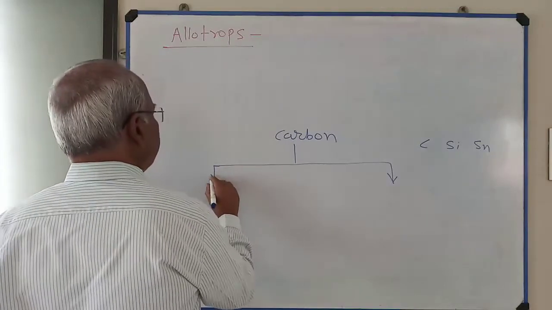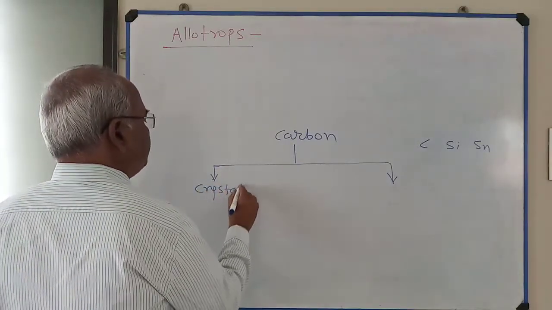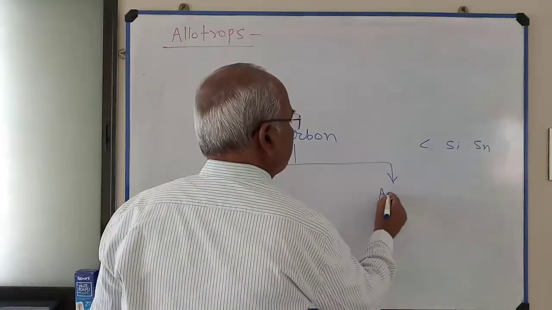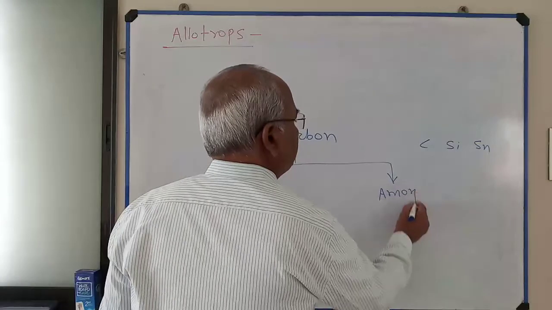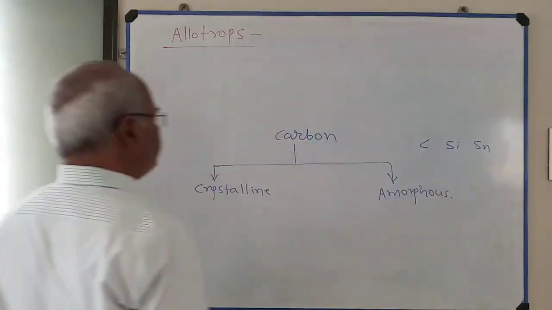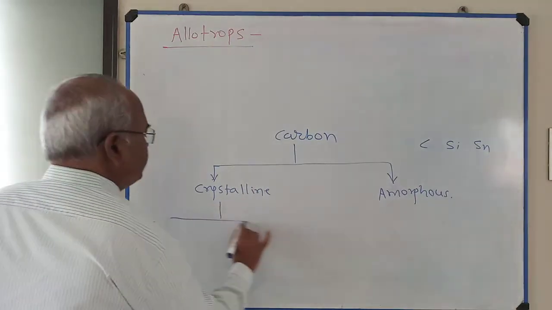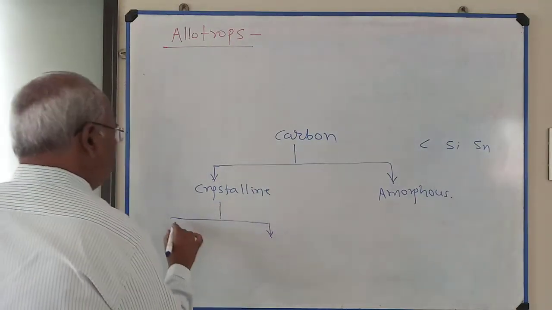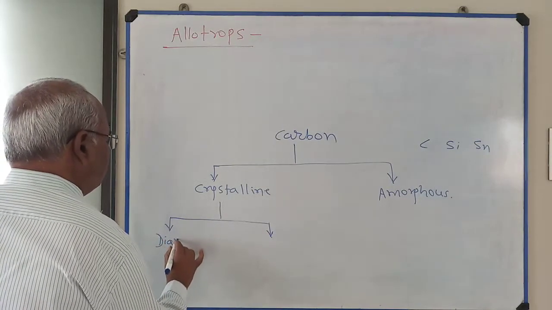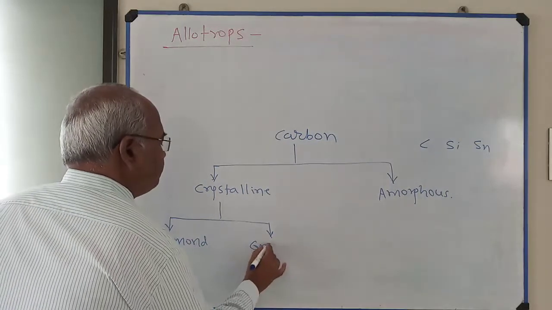One is crystalline and another is amorphous: crystalline carbon and amorphous carbon. The examples of crystalline carbon are diamond and graphite.